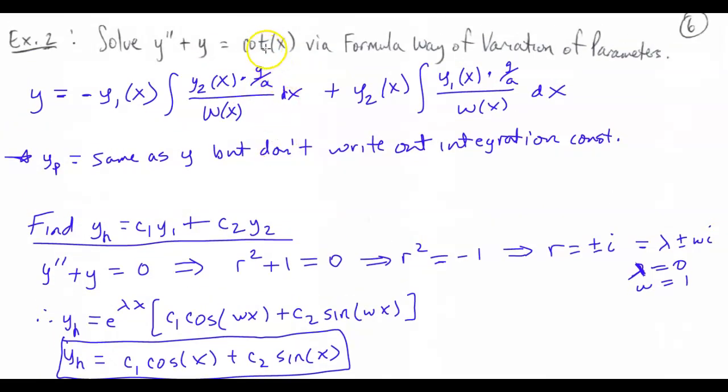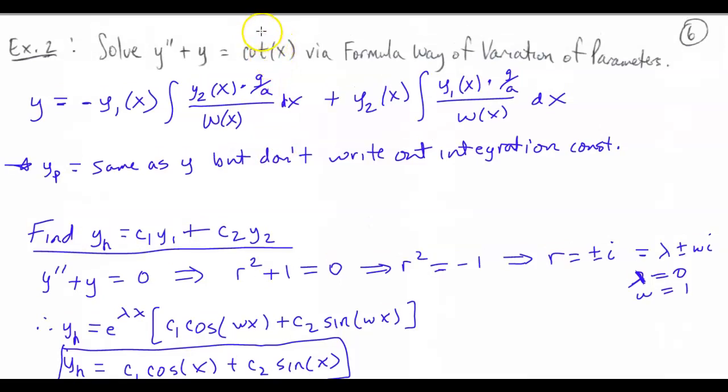And of course, this function here would end up being my g, the cotangent. That's going to end up being my g. This will be a. My b, I don't have a y prime term, so b is going to be 0. And of course, c would be an understood 1.